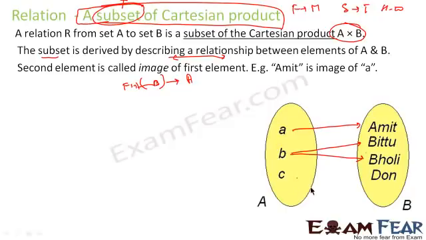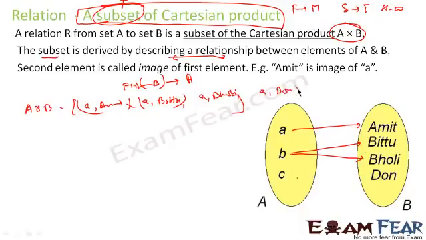D is not there. So in this case, when you say A cross B, you'll get n number of products. For example, a comma Amit, a comma Bittu, a comma Bholi, a comma Dawn, b comma Bittu, b comma Amit.